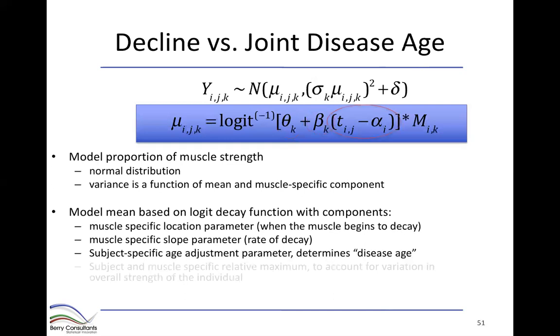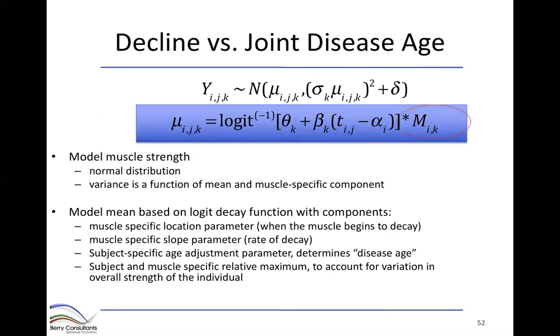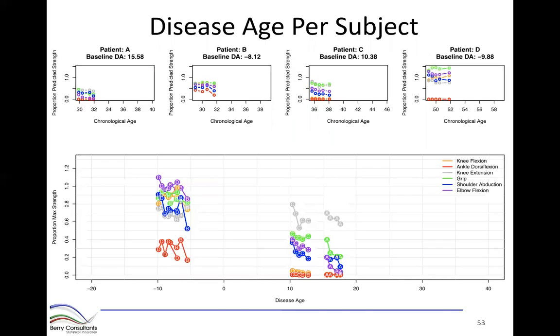We have a subject-specific age adjustment parameter. This is similar to that random subject-level effect in the X space that we saw in DIAN. This parameter is going to determine the disease age, shifting subjects left and right to determine their disease stage. And then we also have a subject-level random effect in the Y space to account for variation in the overall strength of subjects at healthy.